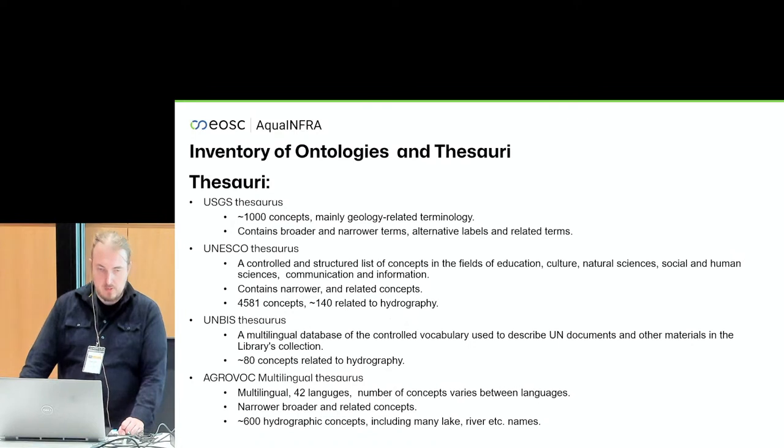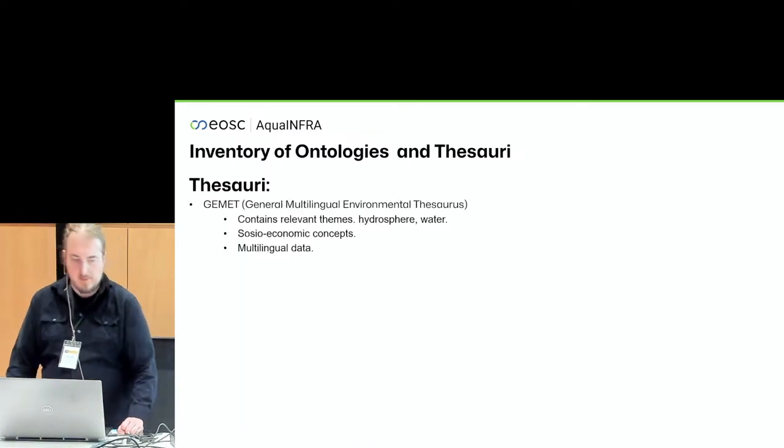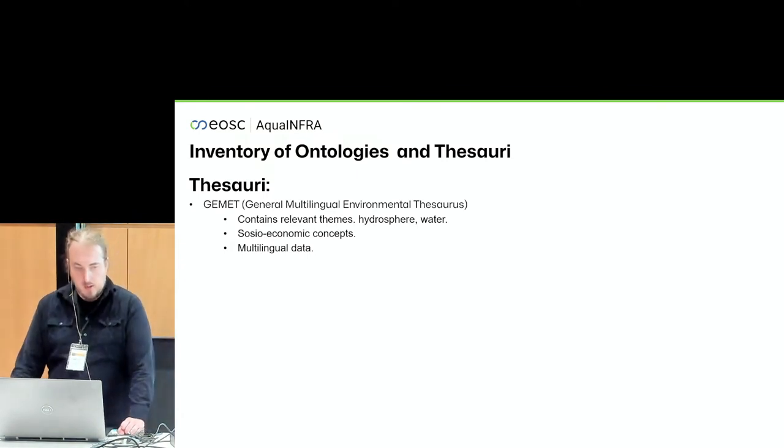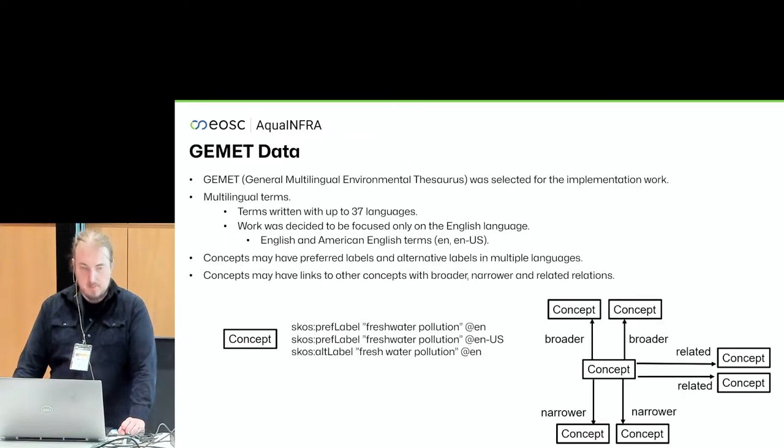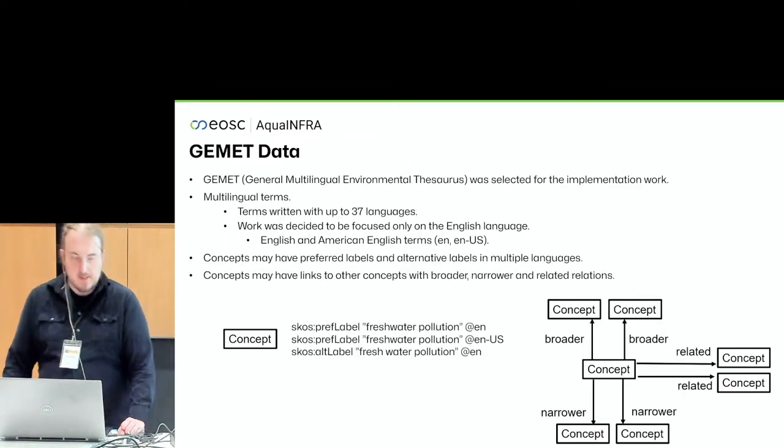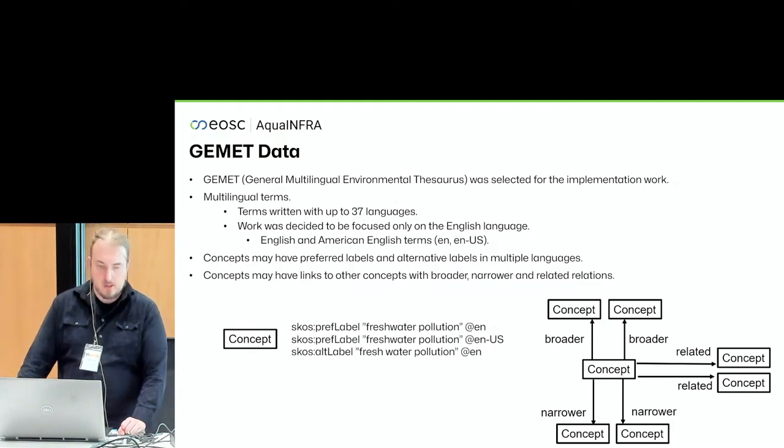Then we went through various thesauri: the USGS thesaurus, UNESCO thesaurus, UN BIS thesaurus, and AGROVOC multilingual thesaurus. And finally, we investigated the General Multilingual Environmental Thesaurus. After the investigation, we decided to go forward using this GEMET thesaurus, and it was selected as a starting point for the implementation work.